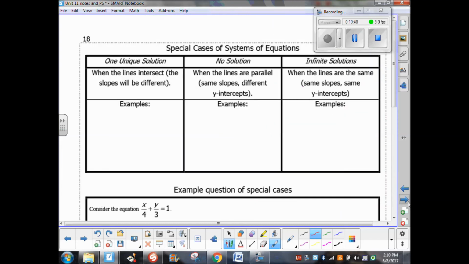All right. Let's talk about some special cases, and we'll be done. One unique solution. It says when the lines intersect, the slopes will be different. So I could write anything.